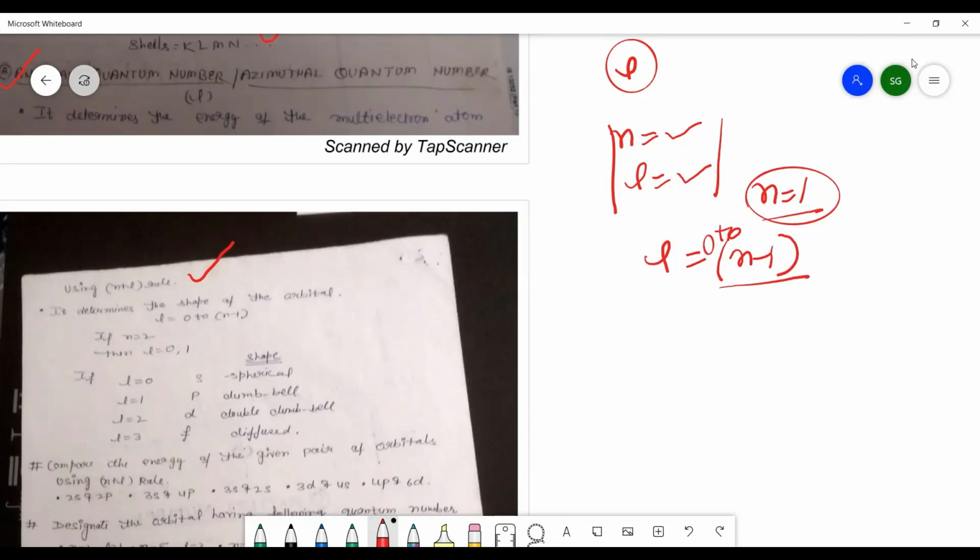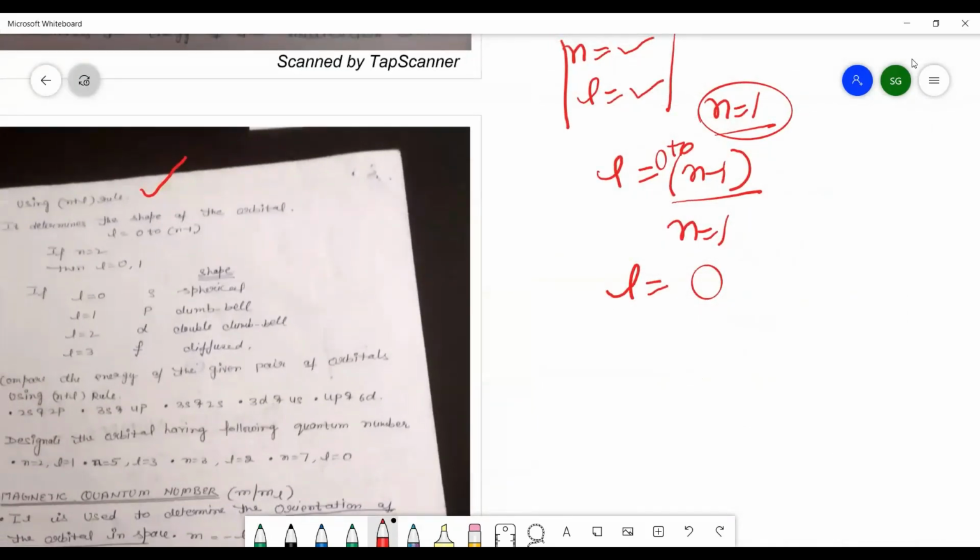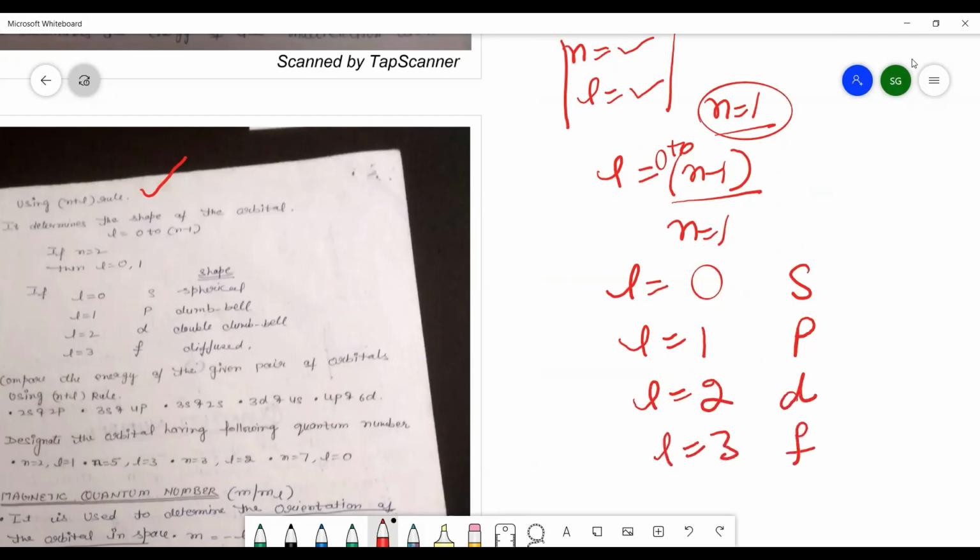If n is equal to 1, the value of L comes out to be 0. 0 means it has the s orbital. If the value of L is 1, it is the p orbital. L is equal to 2 is the d orbital, and L is equal to 3 is the f orbital.